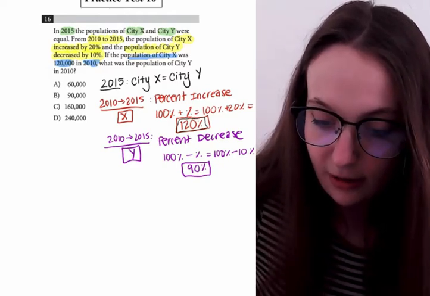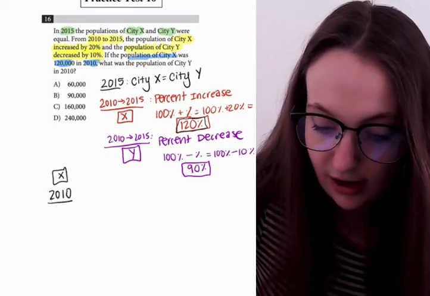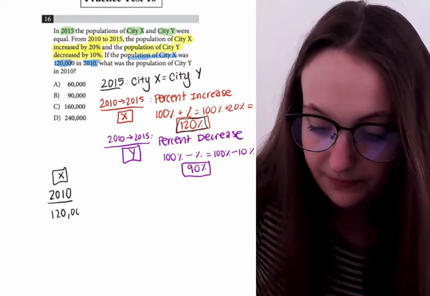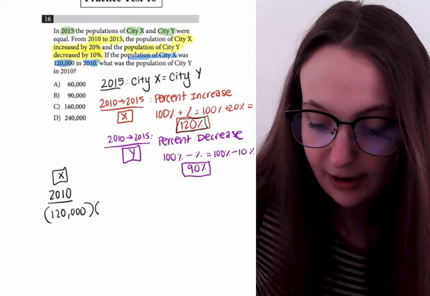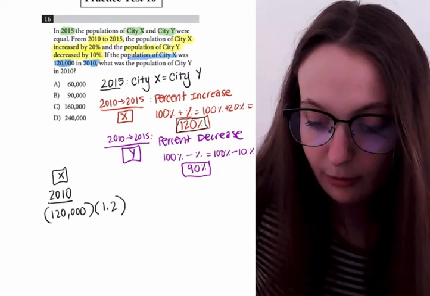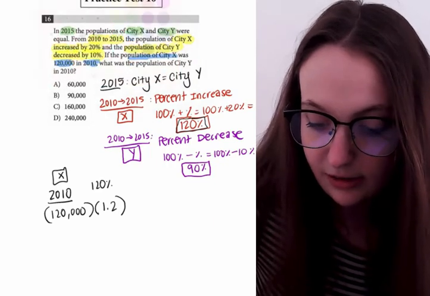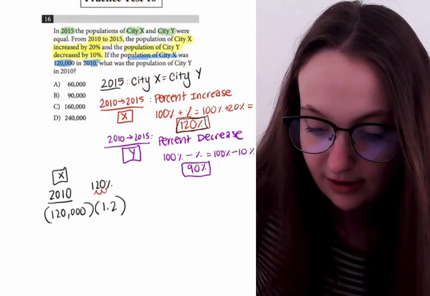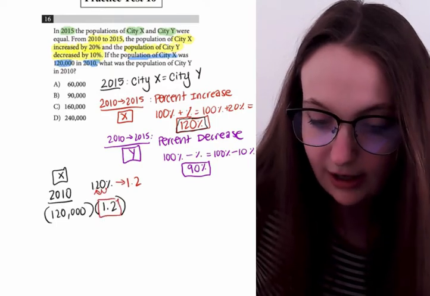So we take the population in 2010 for city X, 120,000, the initial population, and multiply it by 120%, as a decimal. Whenever we convert a percent to a decimal, we move the decimal place 2 places to the left. That gives us 1.2.